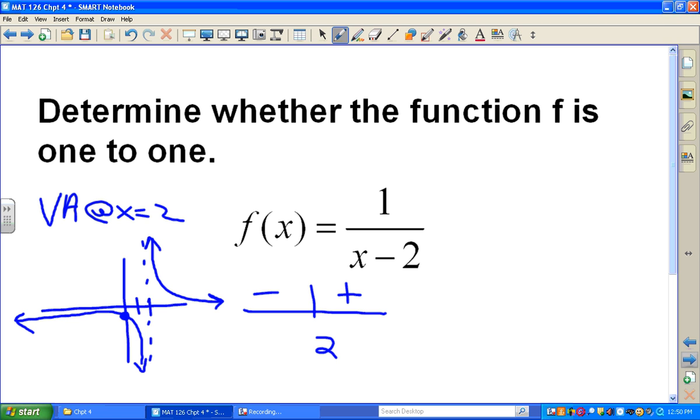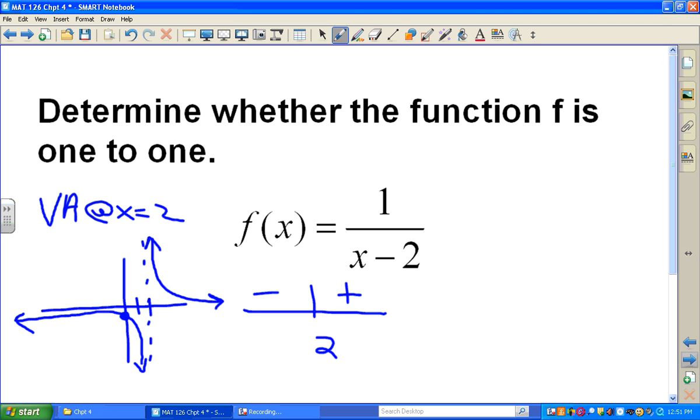So is that graph always decreasing? No. Why not? This is the increasing part of that. Well, if you're going from left to right, this is getting closer to 0, isn't it? So it's always decreasing? And what about this one? Always decreasing. Where wouldn't it pass a horizontal line test? Everywhere.